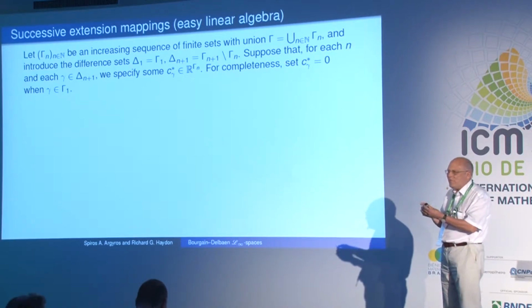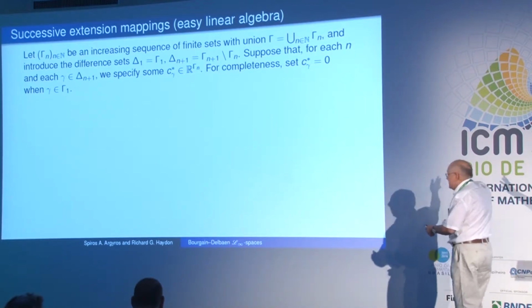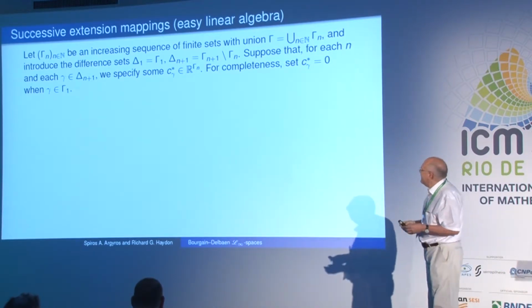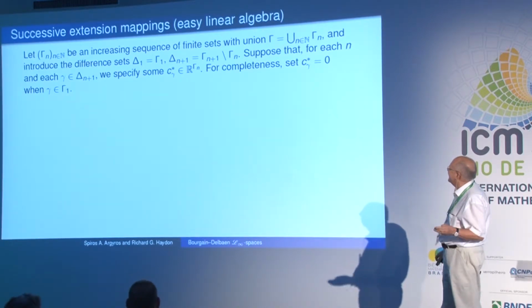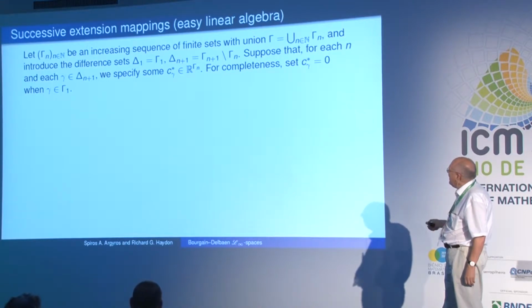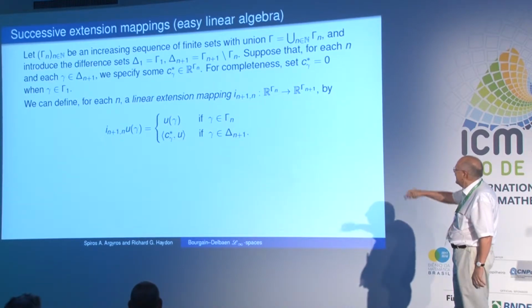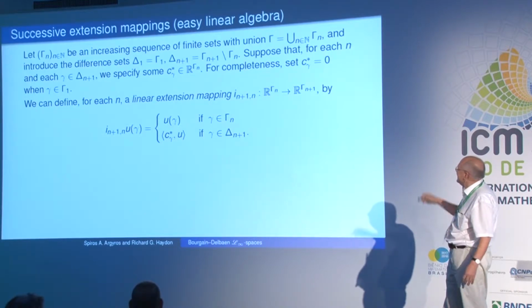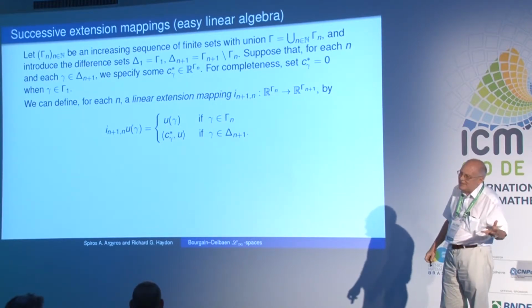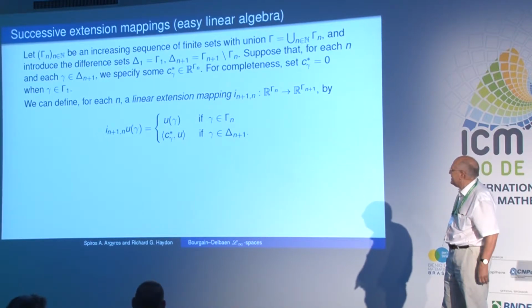So if you think of the deltas as being delta 1, delta 2, delta 3 moving to the right like that, it means that C star gamma is supported to the left of gamma. So what can we do with those? Well, we can use them to define an extension. If you have a function defined on gamma n, we can extend it to gamma n plus 1, and since it's an extension, you don't change it on the set gamma n, but on the difference set delta n plus 1, you use the functional C star gamma to do it.